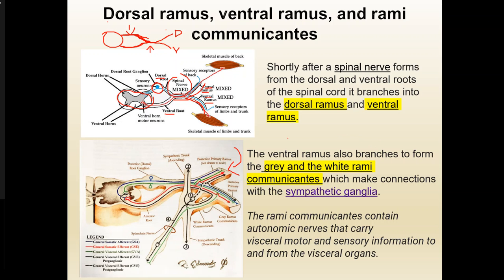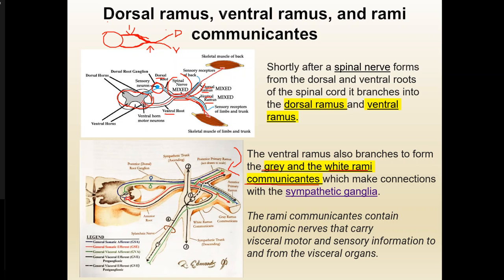Now, we talked about the roots, we talked about the mixed nerve, and we talked about the dorsal and ventral rami. But we have to talk about other rami here, which are the gray and white rami communicantes, or in singular, ramus communicans. They're represented here.